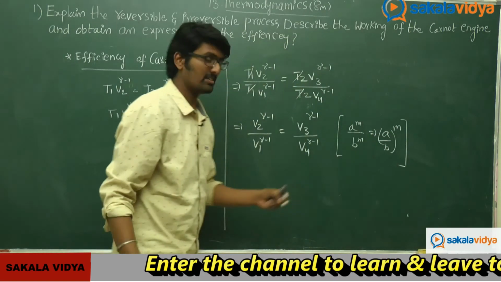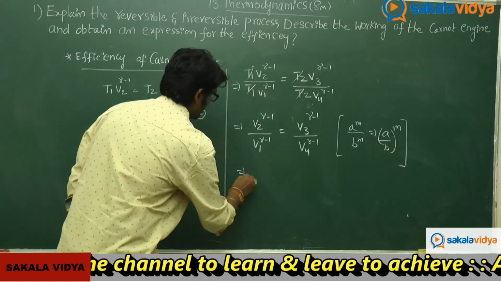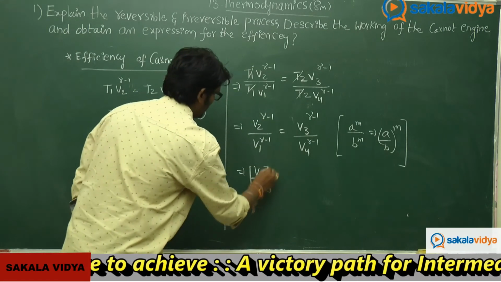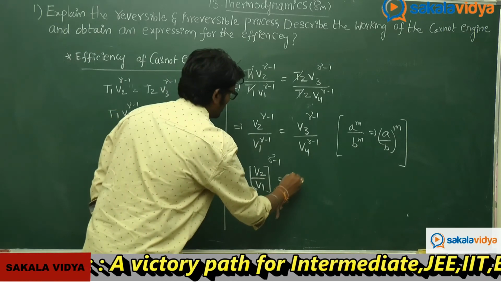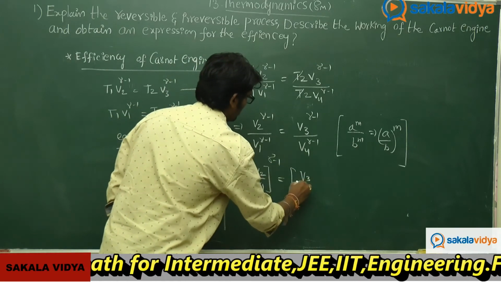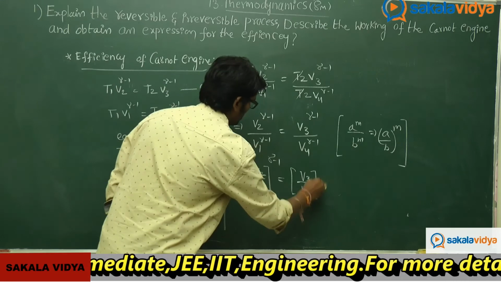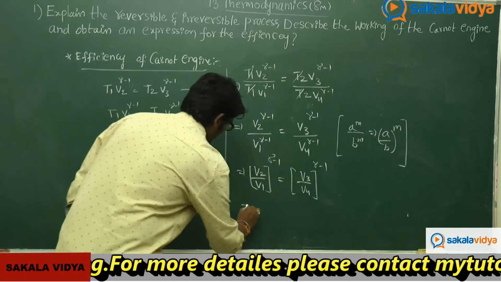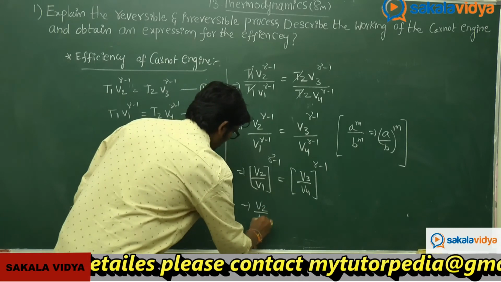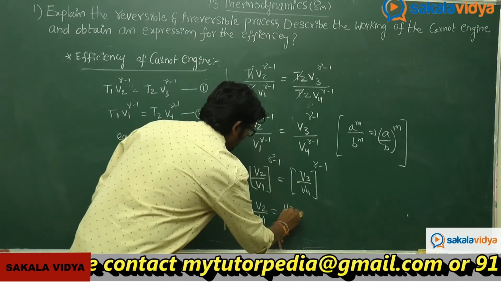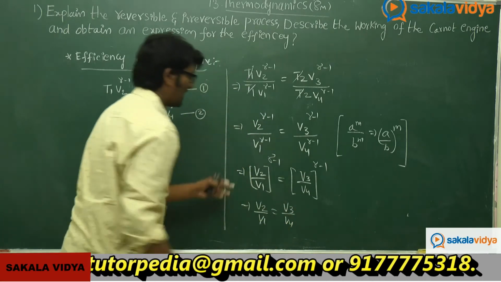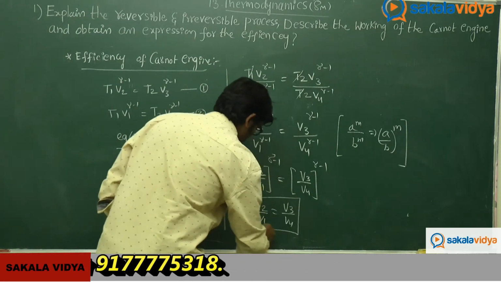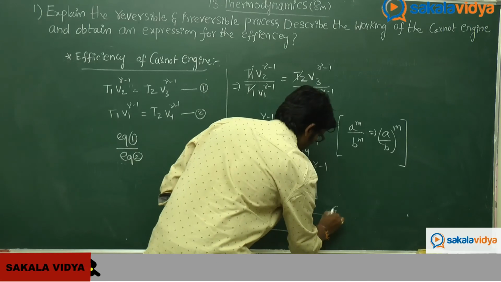Is it clear? Similarly, we can write (V2 by V1) whole power gamma minus 1 is equal to (V3 by V4) whole to the power of gamma minus 1. Similarly, we are going to get V2 by V1 is equal to V3 by V4, since gamma minus 1 is constant. So let us assume this as equation 7.